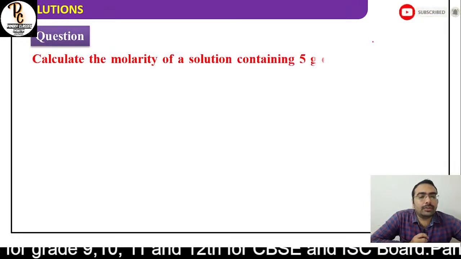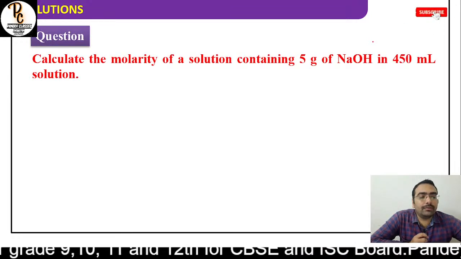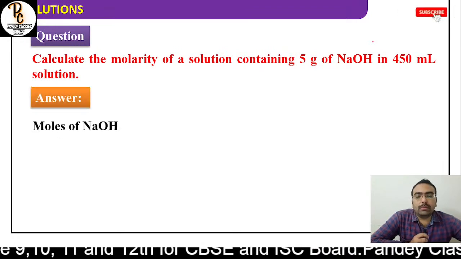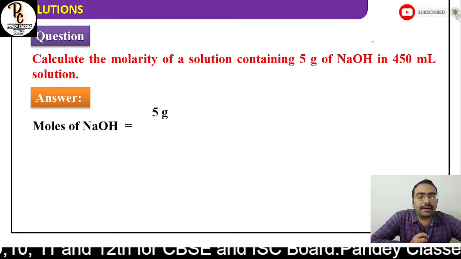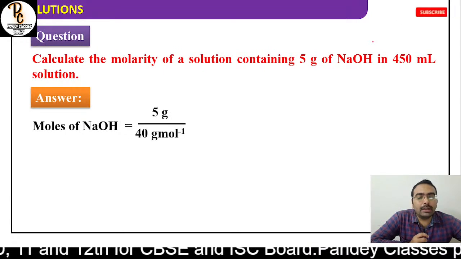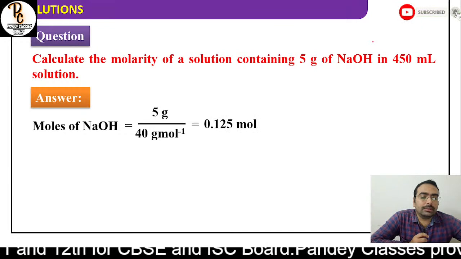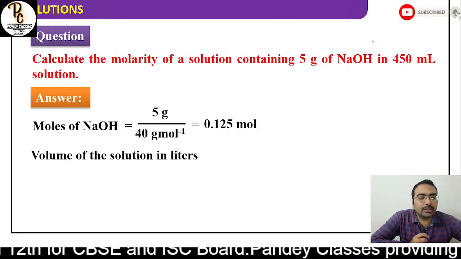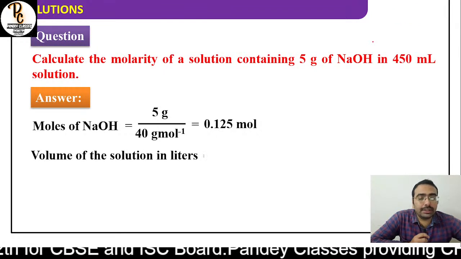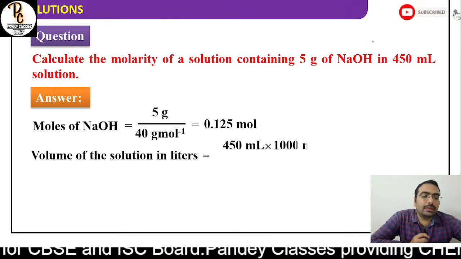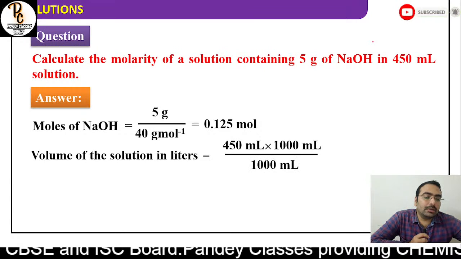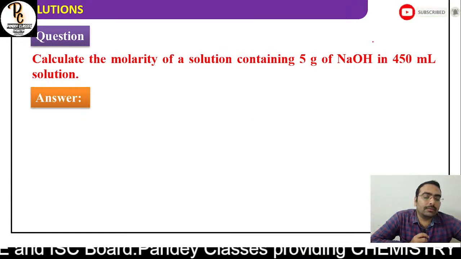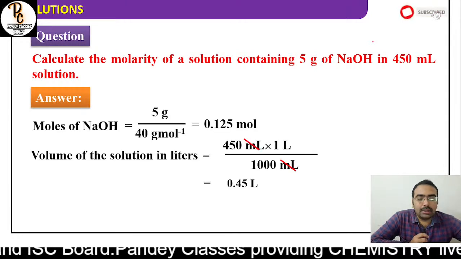Calculate the molarity of solution containing 5 gram of NaOH in 450 ml solution. Very easy question. So number of moles of NaOH, how we can find out? 5 gram divided by 40, then this is 0.125. Then we have volume of the solution in liters. So 450 will be turned into liters: 450 divided by 1000, so it becomes 0.45 liters.